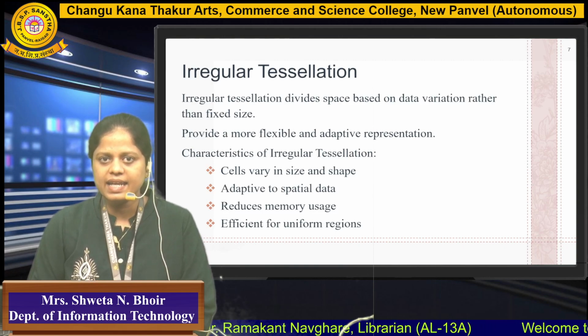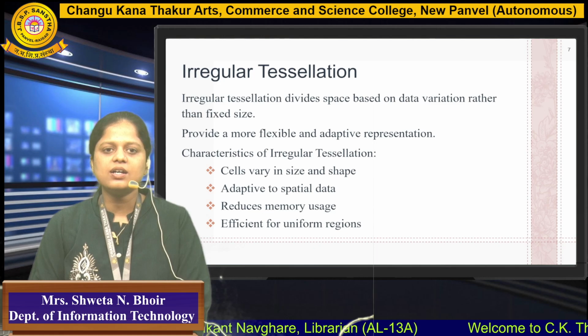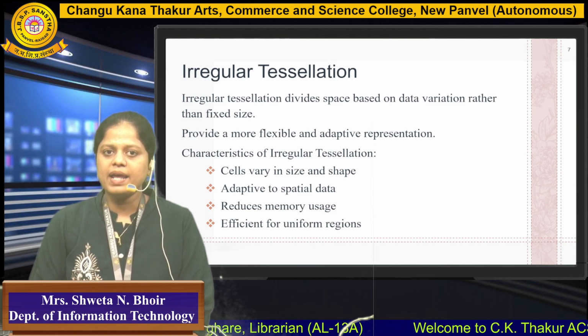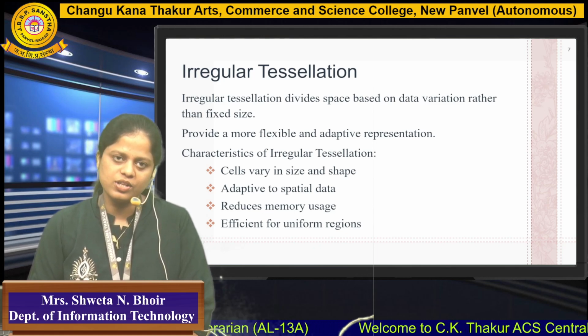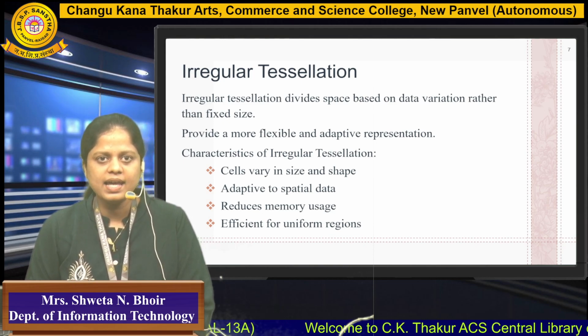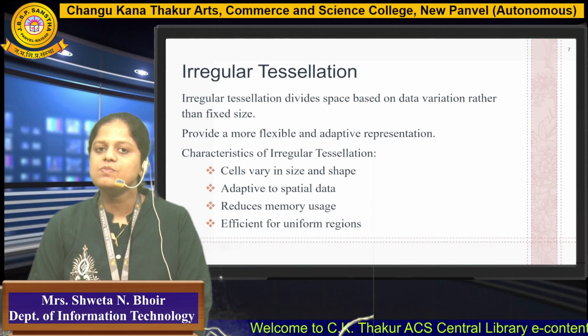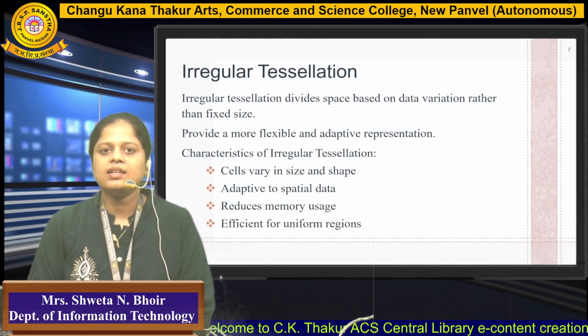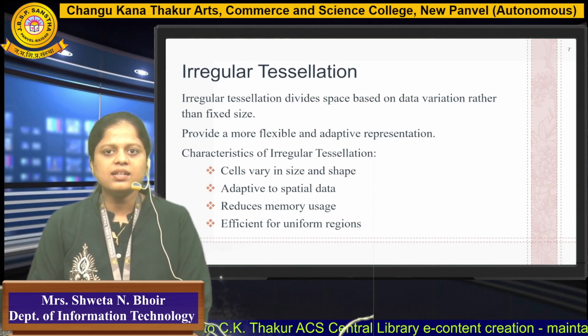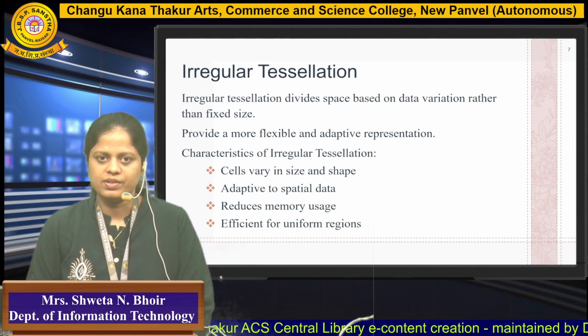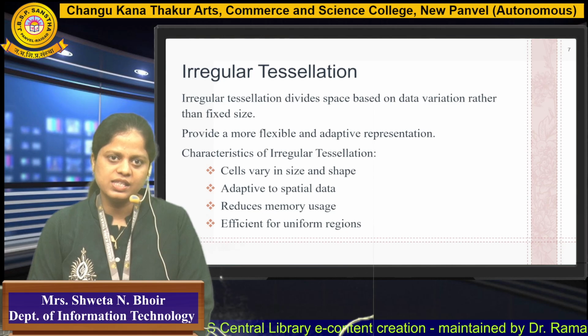Second, that is irregular tessellation. It is the opposite and more complex than the regular one, but it is more adaptive than the regular. Why? Because here the size and shape are not fixed.